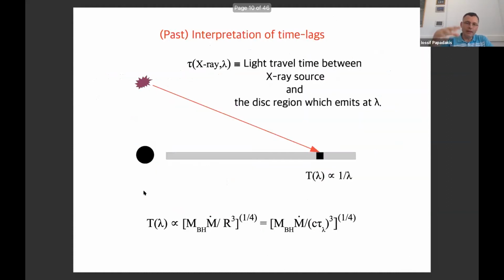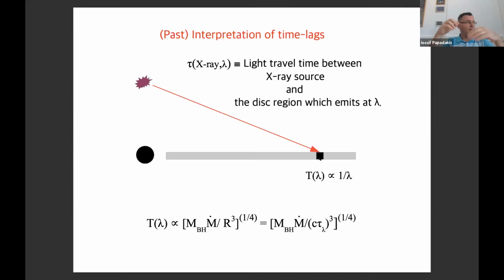And well, at the beginning, people thought that these delays just measure light travel time between X-rays and the place on the disk where most of the emission that you observe comes from.